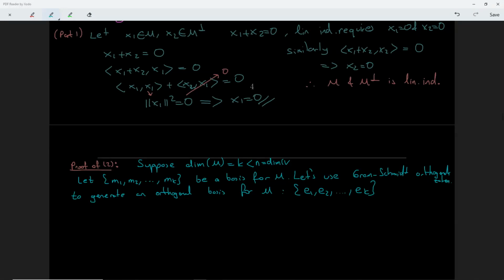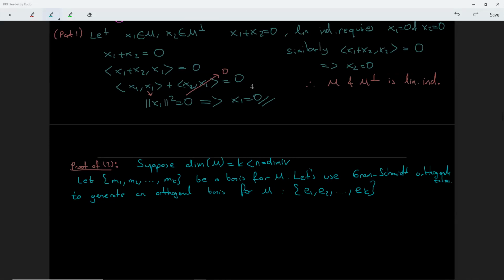So I can add further vectors into this basis set to obtain a basis for the vector space V itself. Okay, so I can complete this basis set to a basis set of the vector space V by adding n minus k basis vectors there.